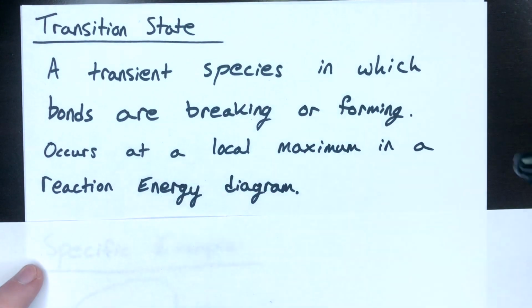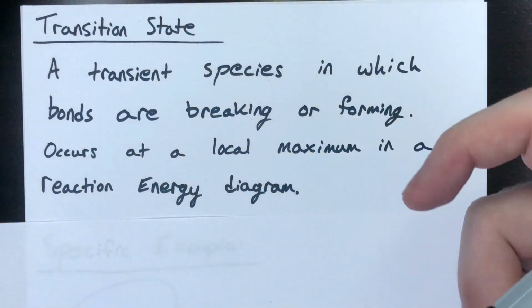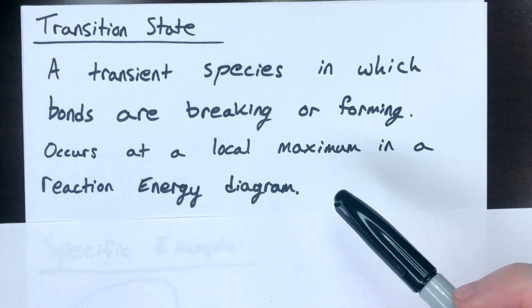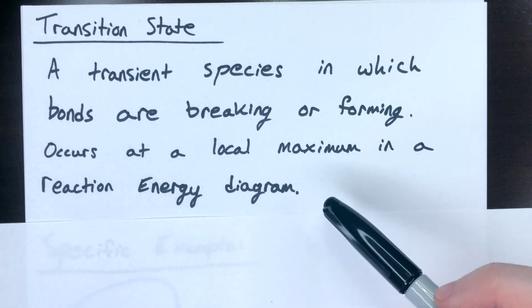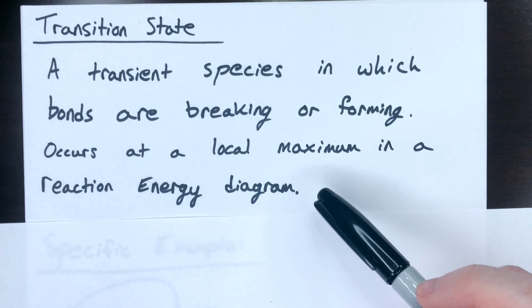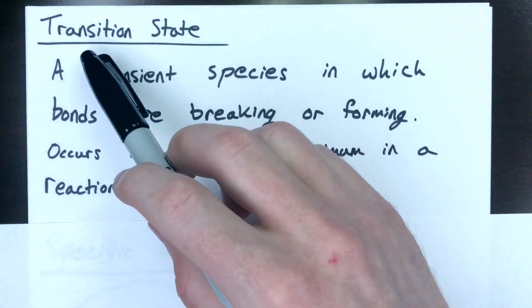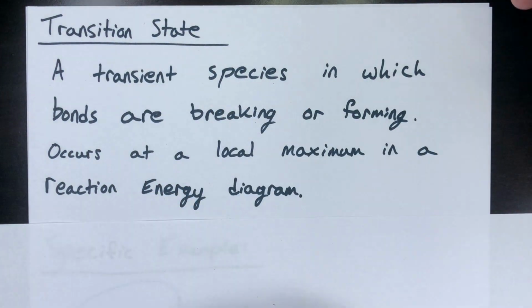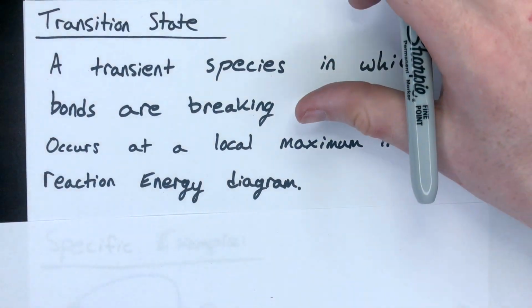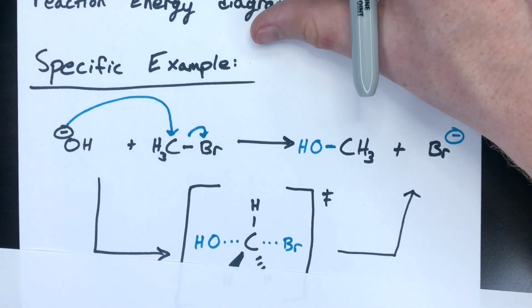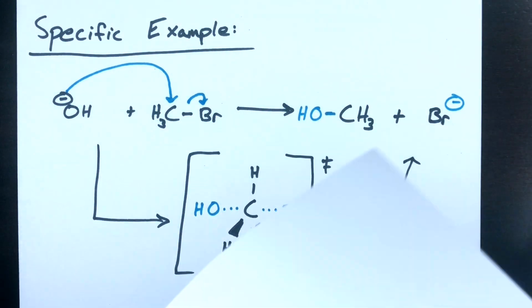But here is what we mean when we say transition state. These are things that can't be observed directly. You cannot isolate a transition state and directly observe it, but what you see are indirect measurements through spectroscopic data to determine that that transition state occurs or does not occur.